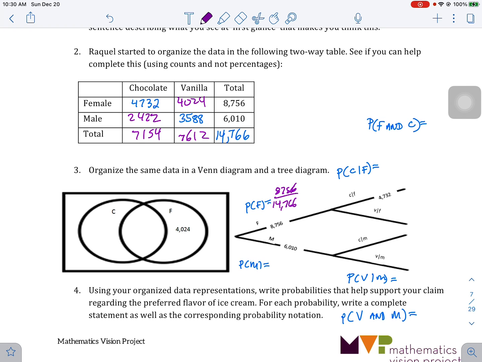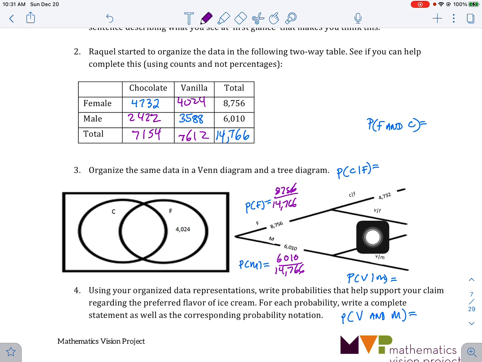So from this, I'm able to calculate the probability of female as well as the probability of male. So for that, I would convert that into a decimal. I could also do probability of male here. This would be 6010 divided by the total, which is 14766. So that'll give me the probability of each.